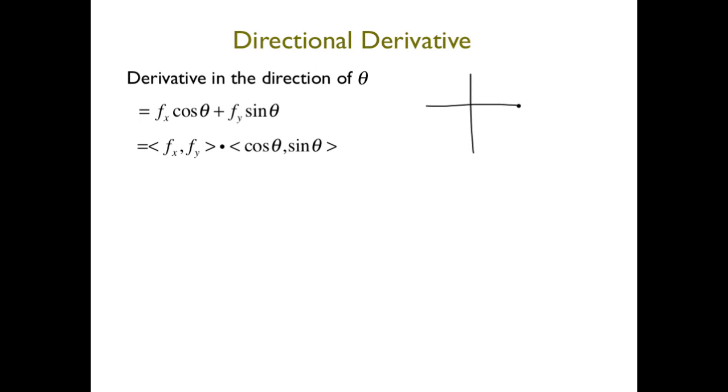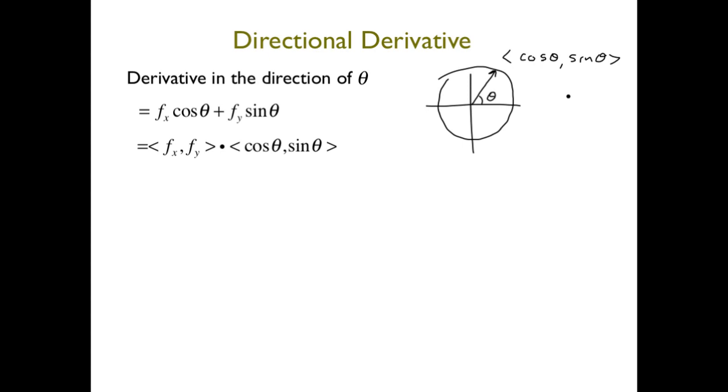Cosine theta, sine theta gives us that circle, and the vector is just the vector pointing in the direction we want. If this is theta, then that vector in the unit circle is cosine theta, sine theta.